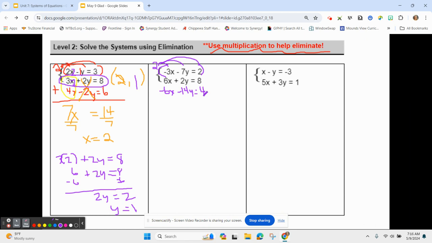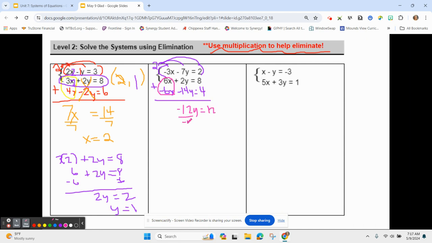Now that I've completely rewritten that top equation by multiplying everything by 2, I can combine my variables. I notice that my 6's eliminate. Yes, that's what I wanted. And so 2y minus 14y gives me -12y, and that is equal to 8 plus 4 is 12.